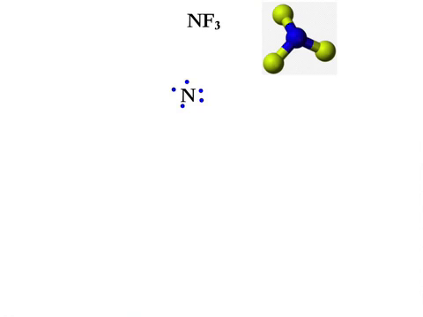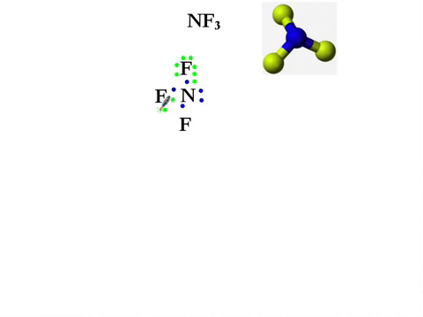We're going to be bonding this with fluorine. And we would have 3 fluorines because fluorine is in group 17. So each fluorine atom has 7 valence shell electrons. They only need 1 more. And so we would draw in the valence shell electrons for fluorine. 1, 2, 3, 4, 5, 6, 7. So fluorine has 7.